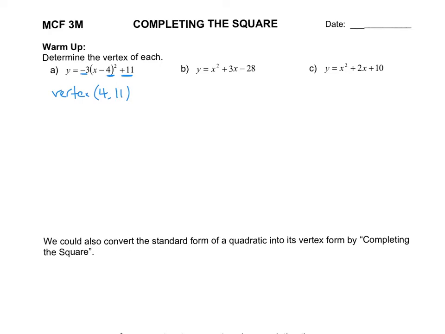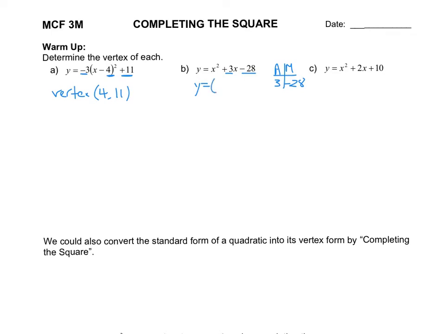To be able to write that in vertex form, what we know so far is that I would put this in its factored form and then get the midpoint of my two x-intercepts from the factored form to get the x-coordinate of the vertex, and then sub that in to get the y-coordinate of the vertex. I'm looking for two numbers that are going to add to 3 and multiply to negative 28, and I believe positive 7 and negative 4 will do that.